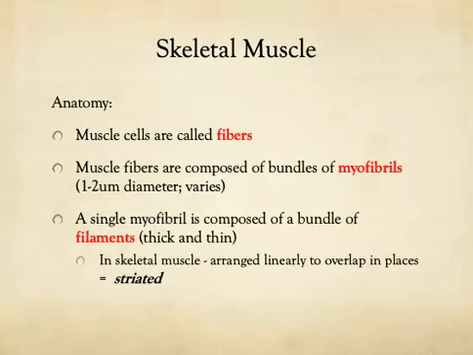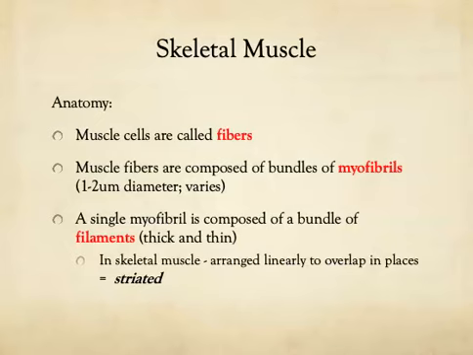Now, in skeletal muscle, specifically what we're talking about first, these thick and thin filaments that make up the myofibril are arranged in very particular patterns, overlapping each other in areas, and they create a very specific, very orderly pattern of striping down the length of the myofibril.